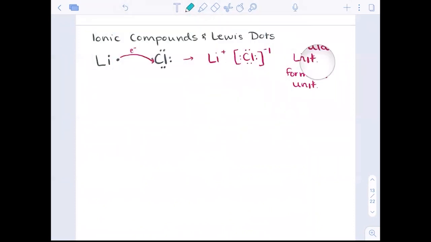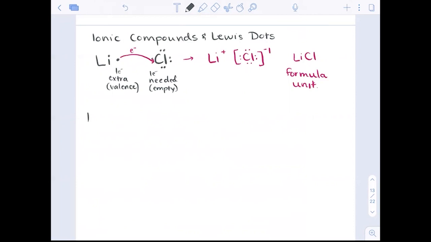I could see that 1-to-1 ratio, 1 electron, 1 electron. We'll call that extra or valence for the lithium, and we'll call that needed or empty for the chlorine.